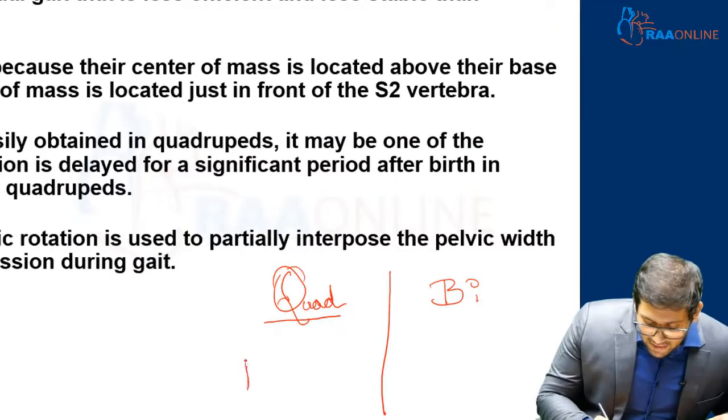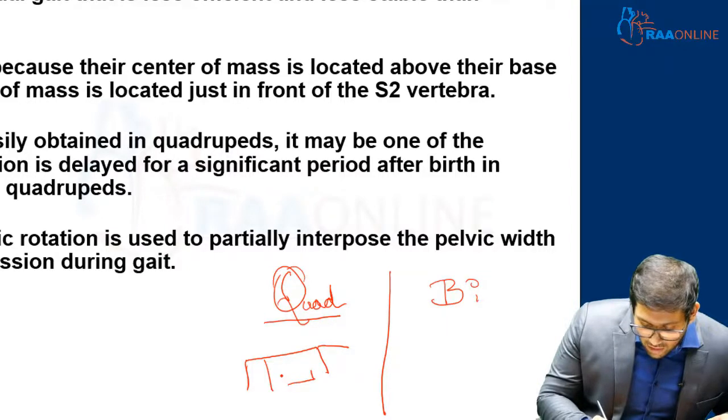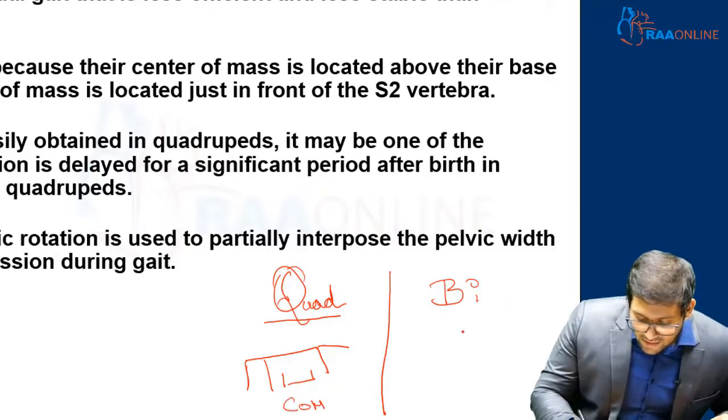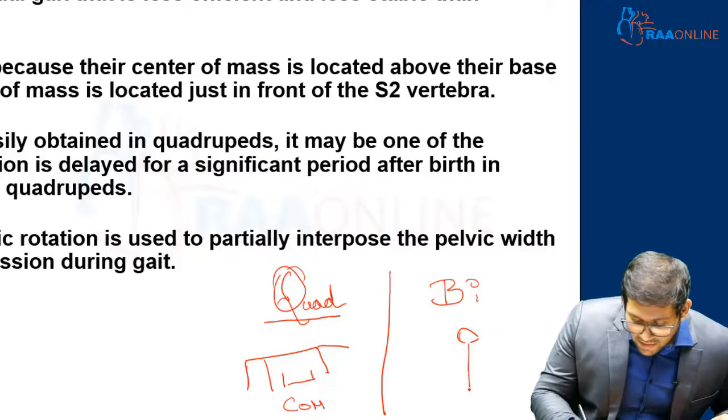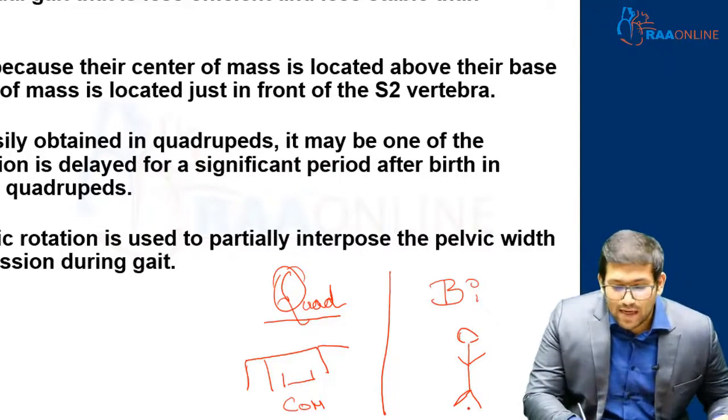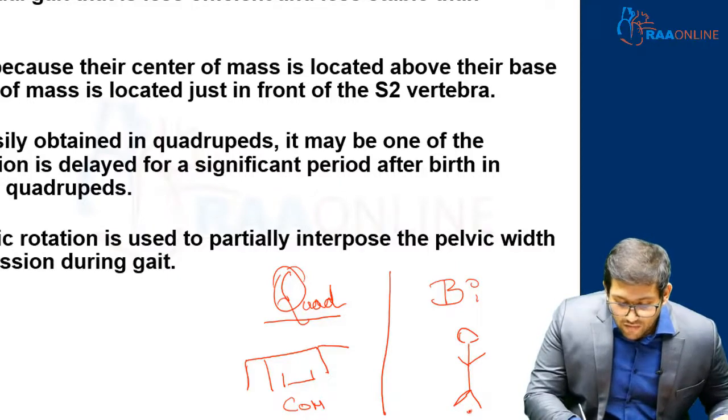So you can see that in a quadruped the limbs are going to be at the middle or at the base. You can see that the center of mass falls here. Whereas in the case of a biped, we have our upper limbs separate. So the center of mass falls almost in between the base of our feet, whereas it doesn't lie in the trunk.